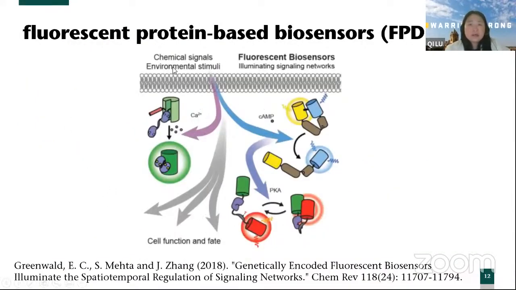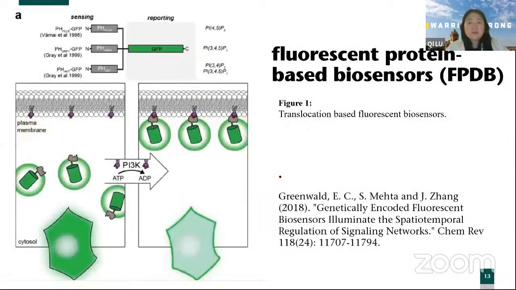This is summarized here: there are many tools that use fluorescent light to indicate things like calcium, cyclic AMP, some kinase functions, and even more, like apoptosis, mitosis, or meiosis, the cell cycle. They can all be observed with fluorescent light.